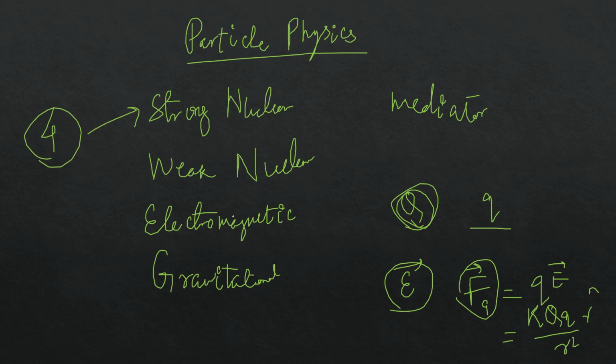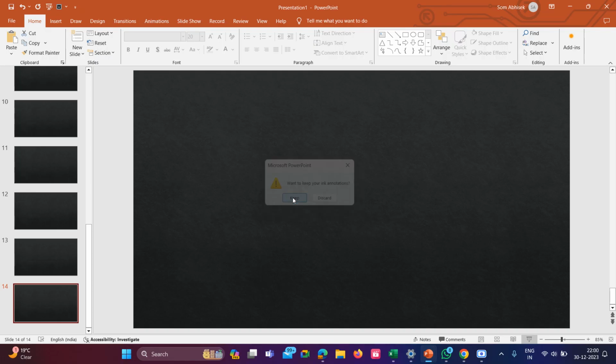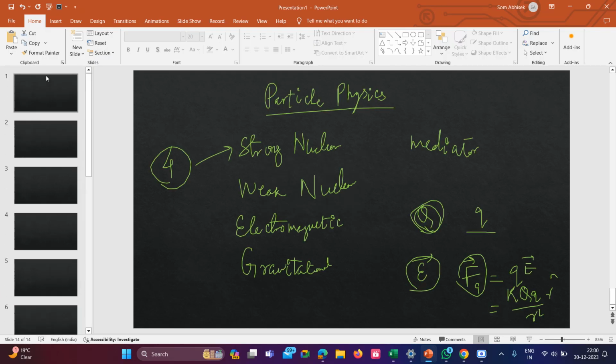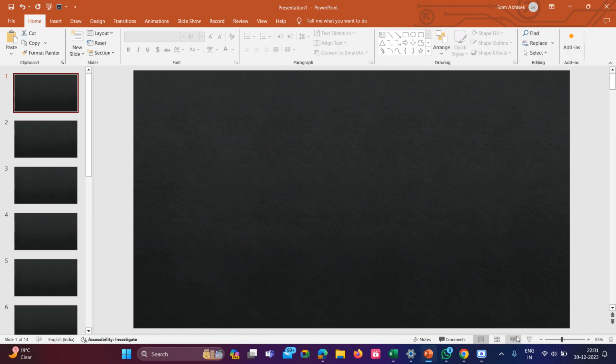So gravitation force. As I said, mediator means what? Something that, for example, these are two particles, right? This is particle A. This is particle B. So according to this, force between two objects acts through a mediator.